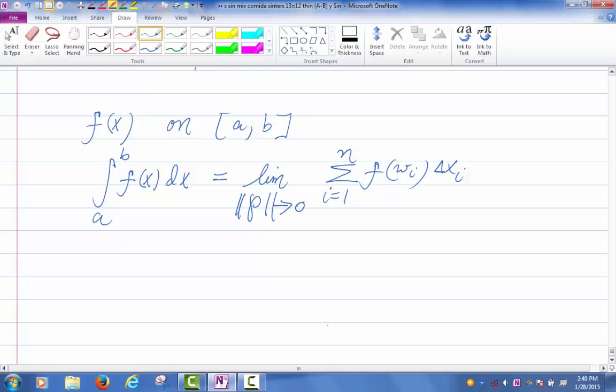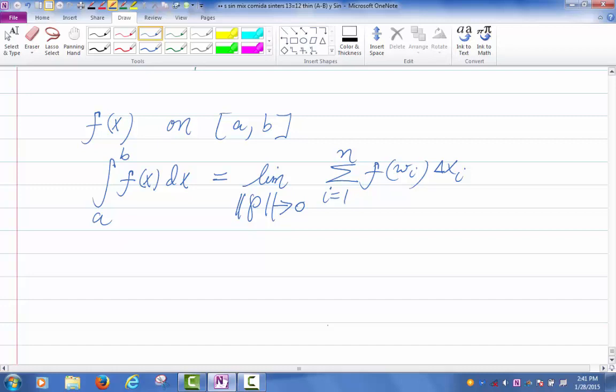And at the beginning of this semester, I gave you a result which says if f is integrable from a to b, then f must be a bounded function. What's the meaning of bounded function? It means that the value of f is always between two given numbers, right?